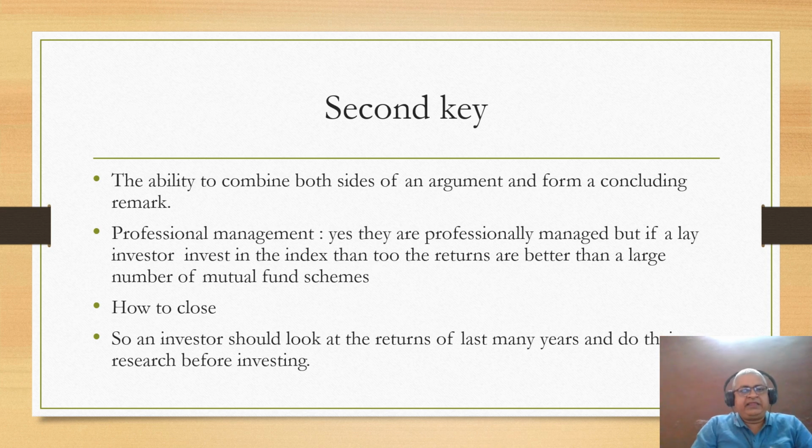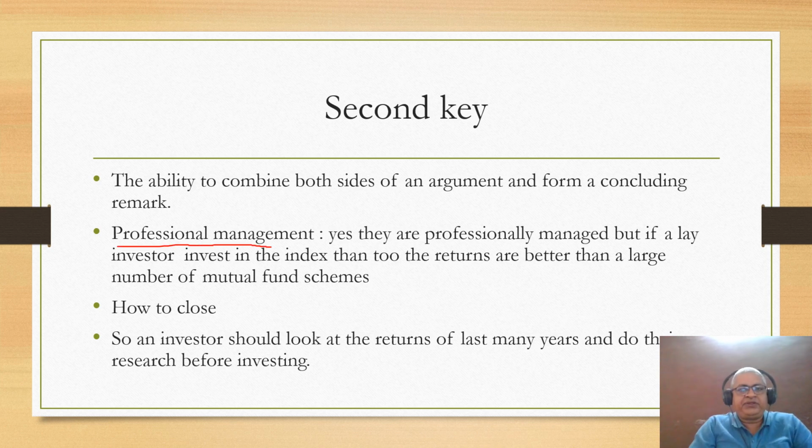And that is the most important point, right? The ability to combine both sides of an argument and then form a concluding remark. So you give one argument, you give a counter argument, and then you go ahead and combine both of them, right? So let's say professional management.